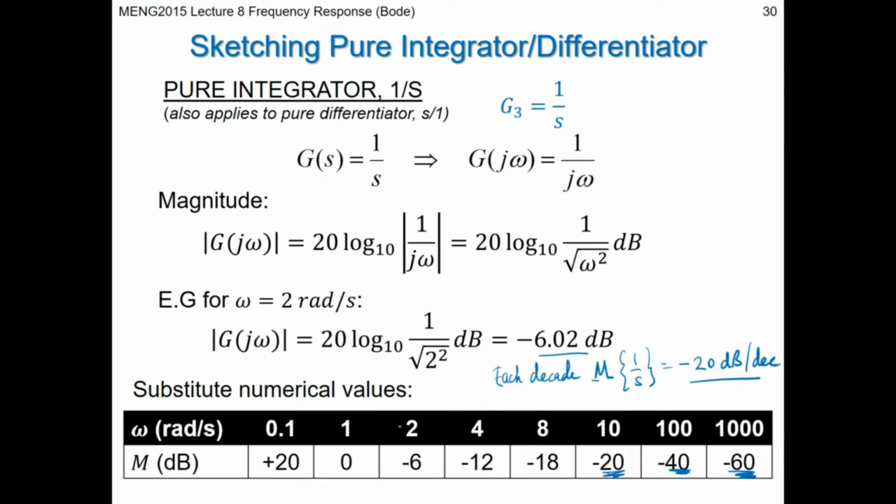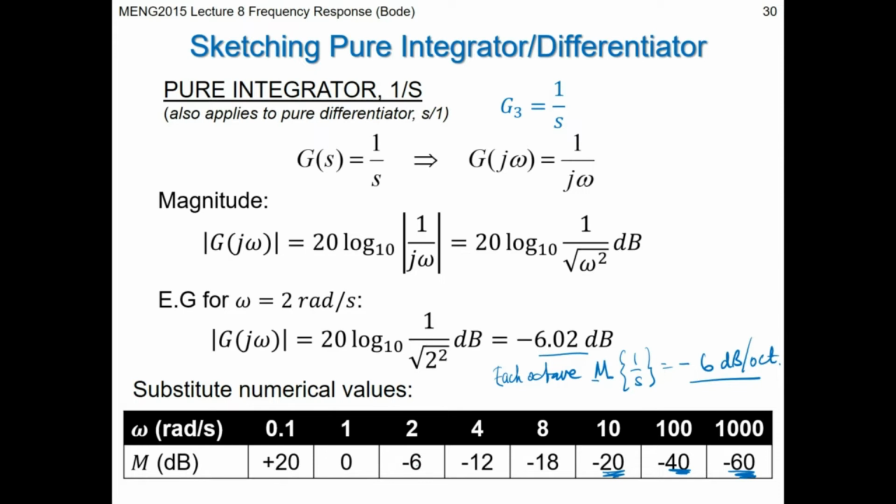If we take the octave rule, then we're going down for each octave. This is 1 octave, another. So for each octave, we're going down minus 6 decibels. So I could change this and say each octave, m equals minus 6 decibels per octave.